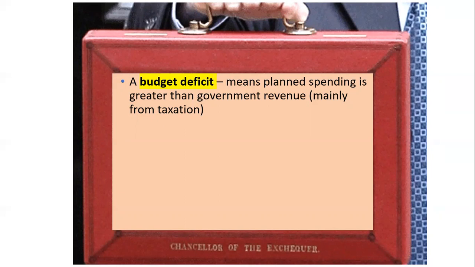What you don't want to do is continually operate on a budget deficit, because that's basically poor financial planning. You're simply spending too much and you're not getting enough in. You're spending more than what you're getting in.